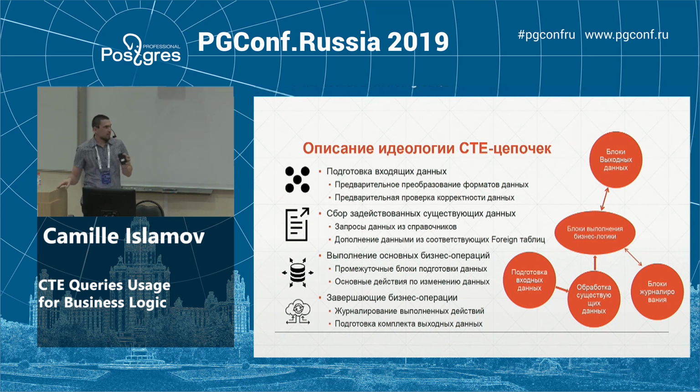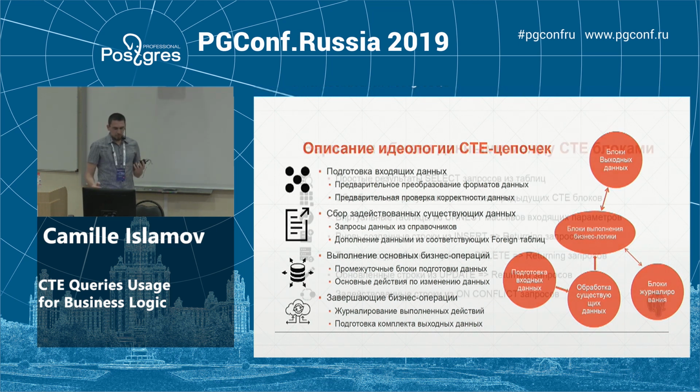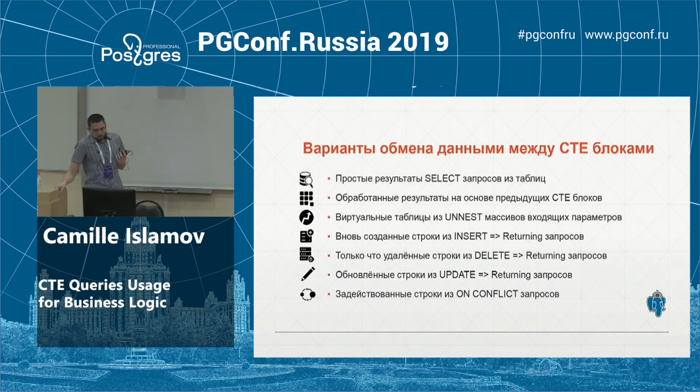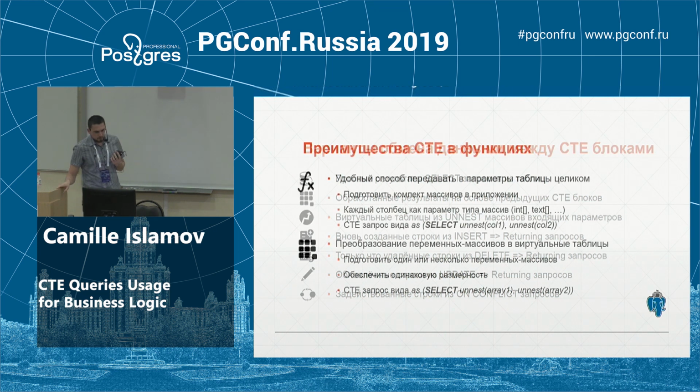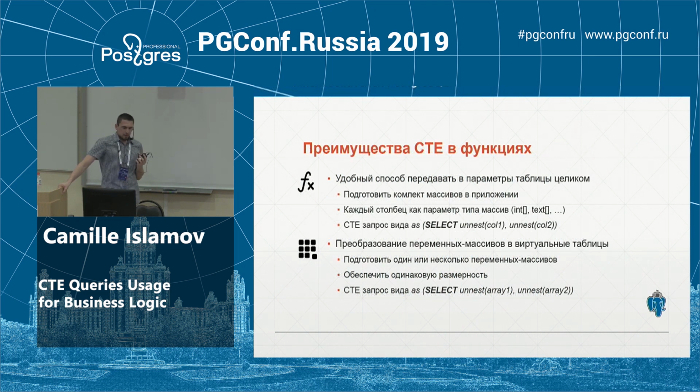And some service, auxiliary functions, logging of input data or logging of results, inputs, or both. Well, these are the opportunities which allow us to provide the necessary data exchange. ON CONFLICT is the most usable, the most useful opportunity in our case.